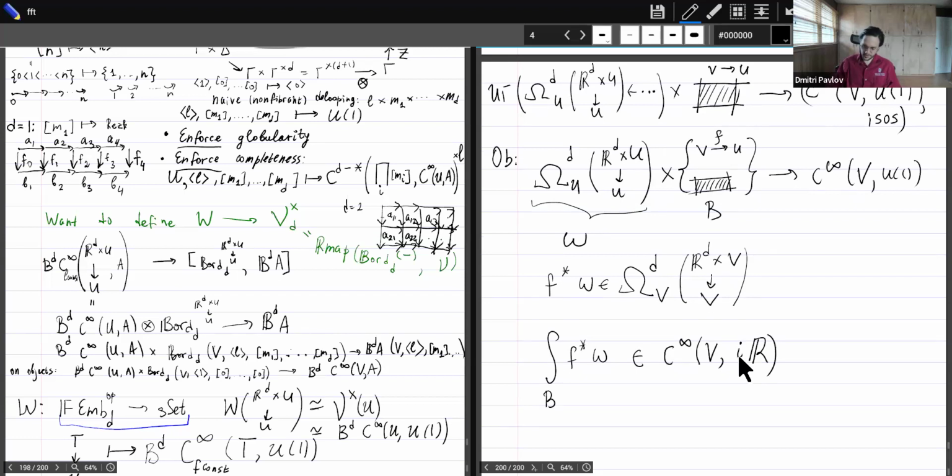And guess what? Now I can change the exponent. Now we are valued in U1. And that's what you want.